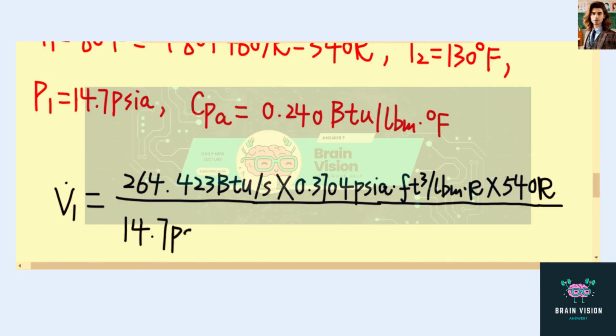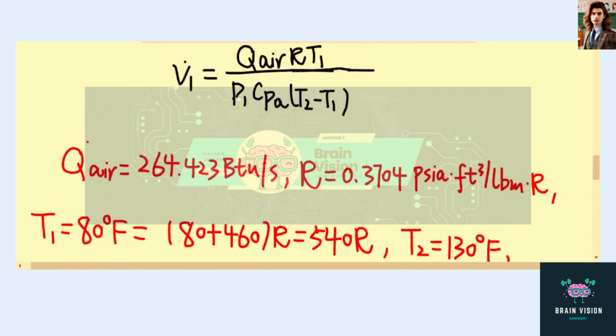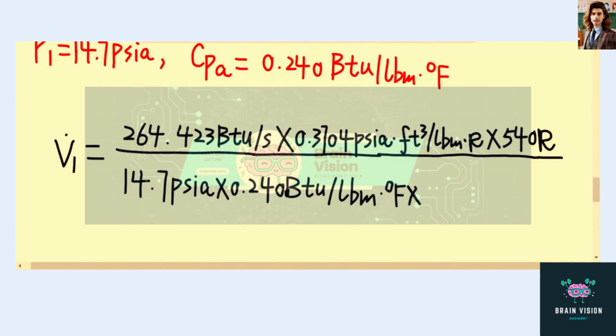psia multiplied by 0.240 British thermal units per pound mass times degree Fahrenheit, and then multiplied by the changing temperature here, which is T2 minus T1, which is 130 degrees Fahrenheit minus 80 degrees Fahrenheit.